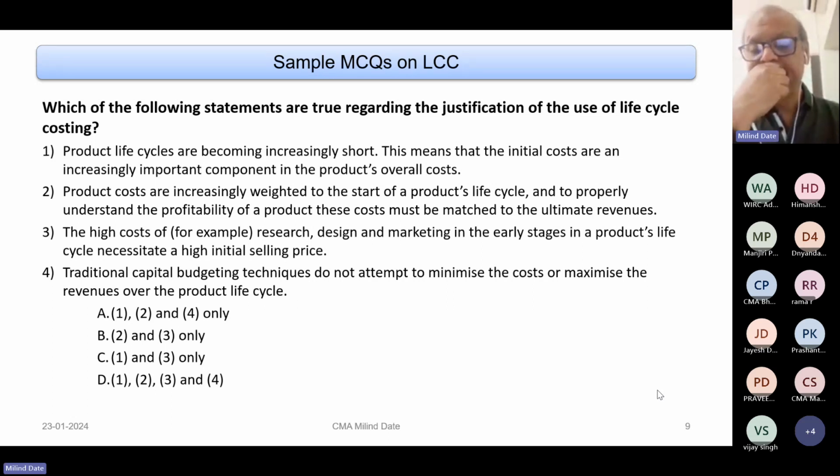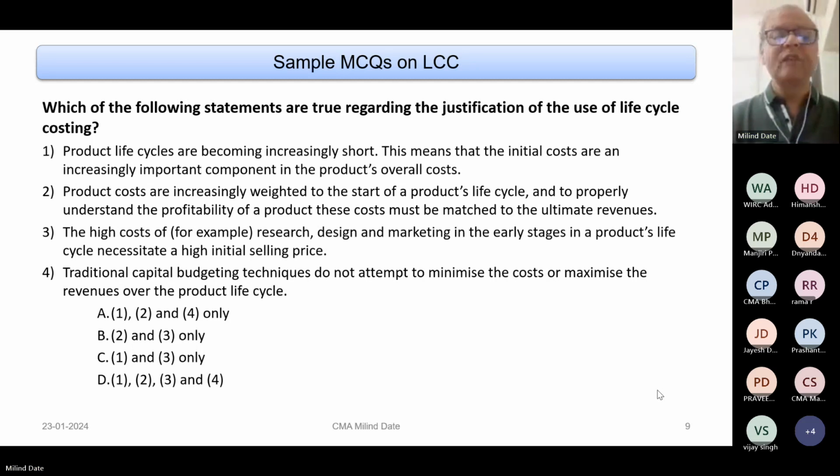No answers as yet. Jayesh has given his answer. He says option A is the correct answer.